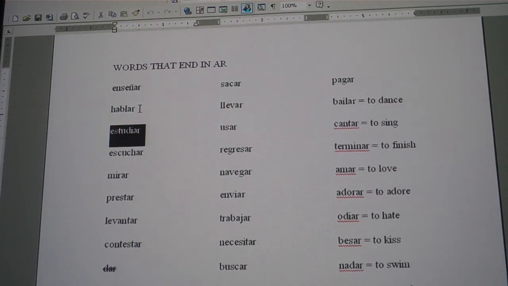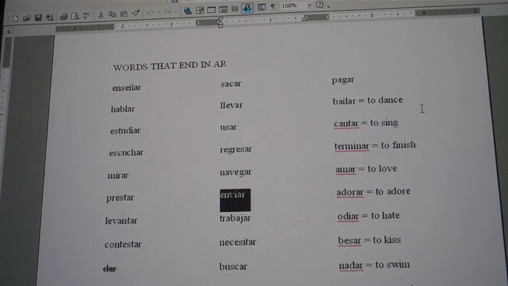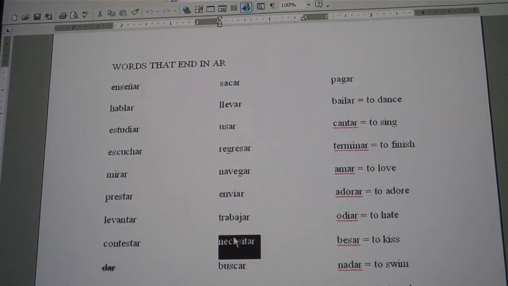Ellos estudian. How about "you all send"? Ustedes envían. And then the last one, "you all need." Ustedes necesitan. Because they're tripping over these words.